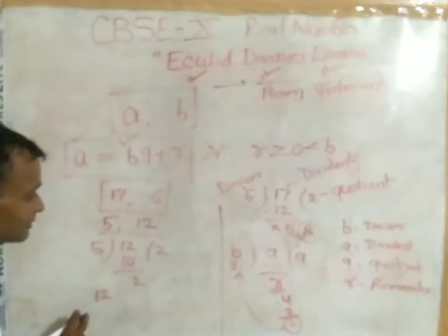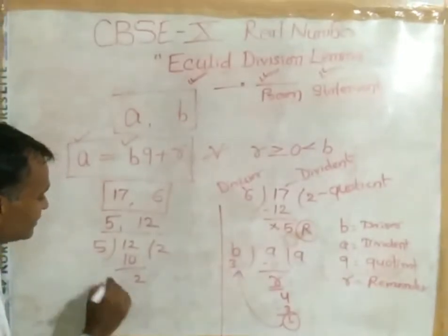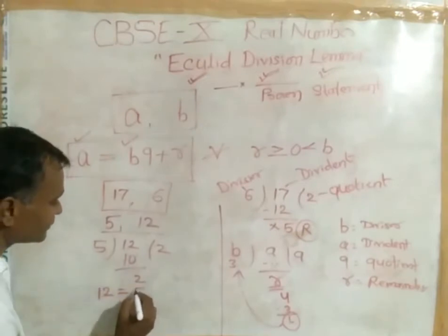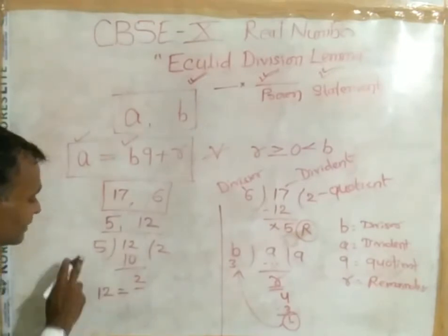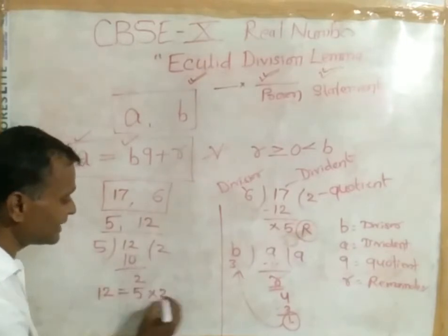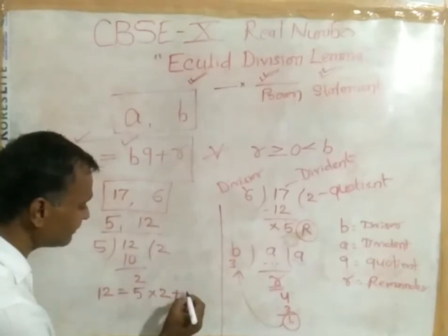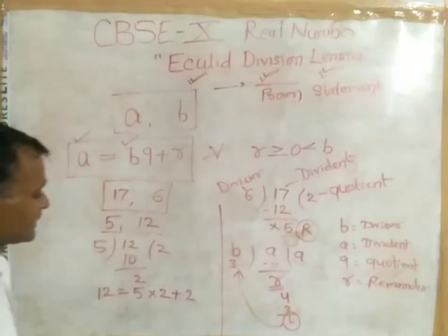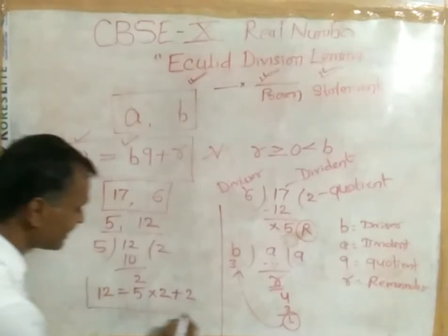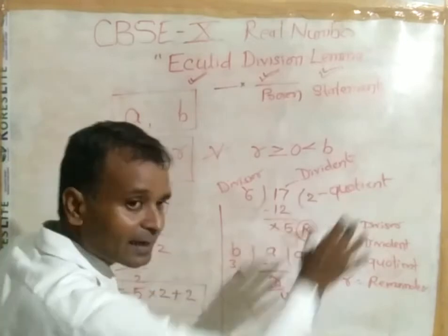We have a equal to 12, b equal to 5, q equal to 2, plus r equal to 2. So does it satisfy our Euclid division lemma or not?